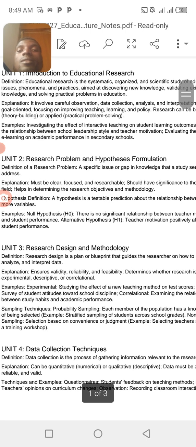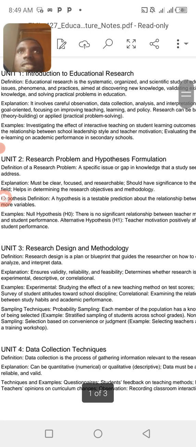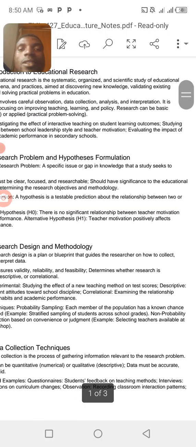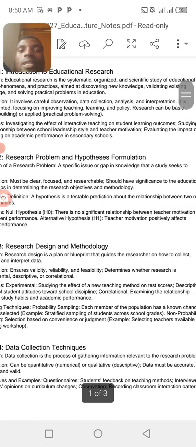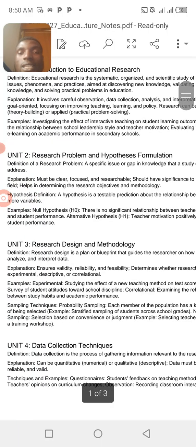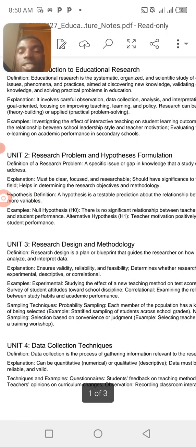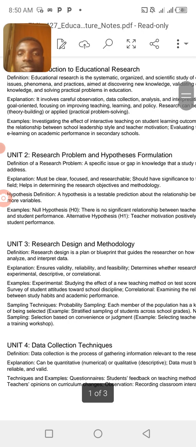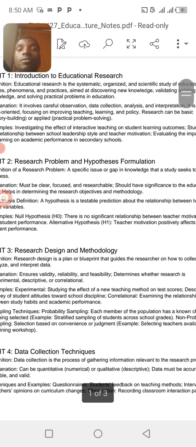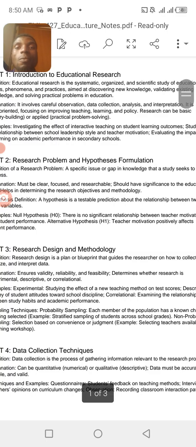Can you see now? Educational research has to follow a scientific method, an organized method, in order to solve educational issues.